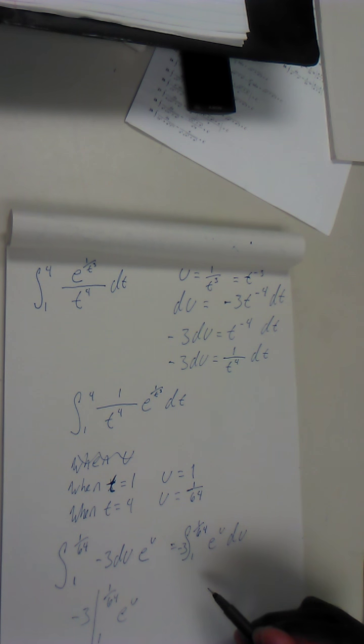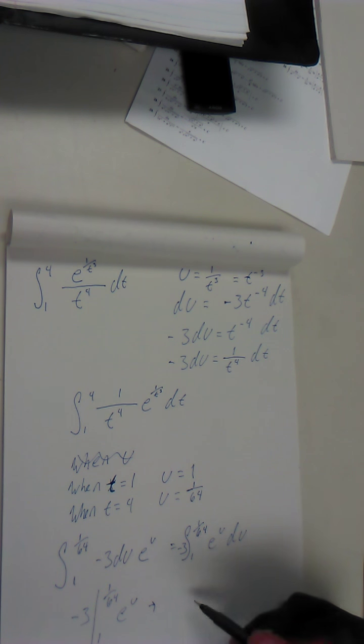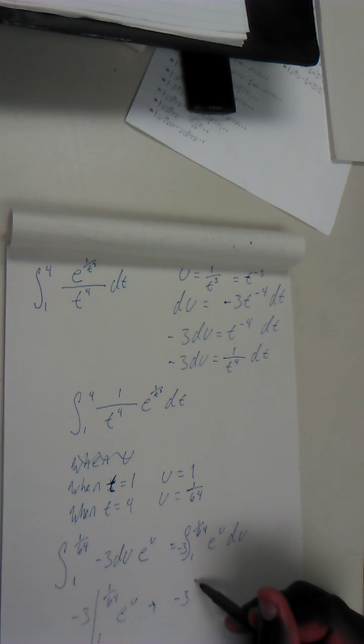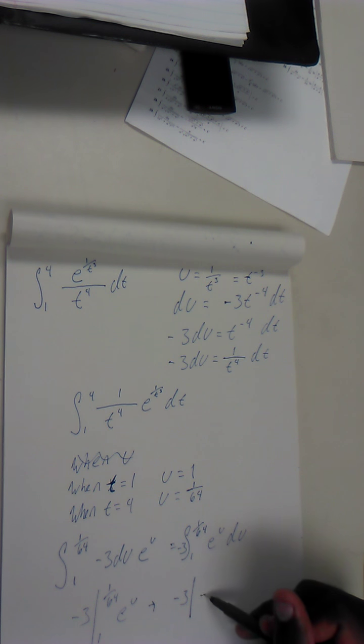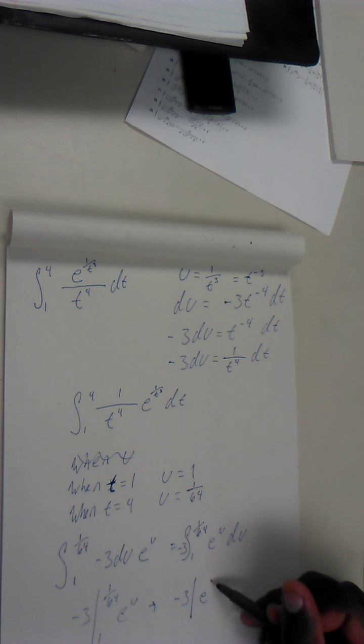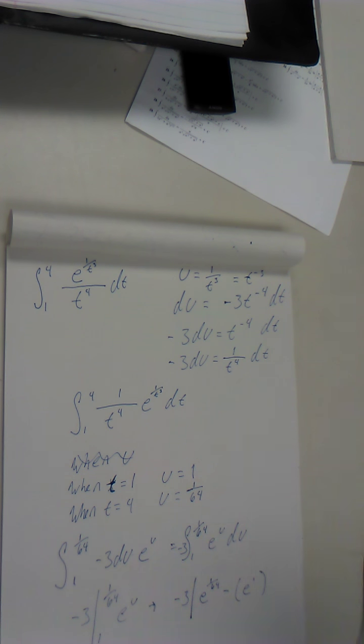Now let's go ahead and plug in our limit. So e to the 1 over 64 minus e to the 1.